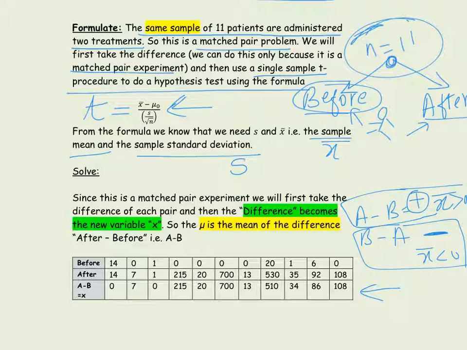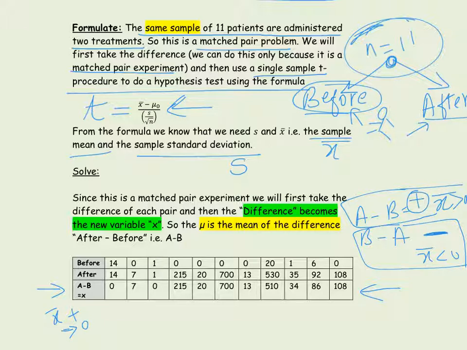It doesn't matter which way you go, but it's important to remember whether you're expecting positive or negative numbers as x bar, the mean of those differences, because based on that we'll set up a null and alternative hypothesis. So here we can assume that the counts after are greater than the counts before. Just for convenience, I'm going to go after minus before, so my x bar is going to be positive, which is the same as greater than 0.